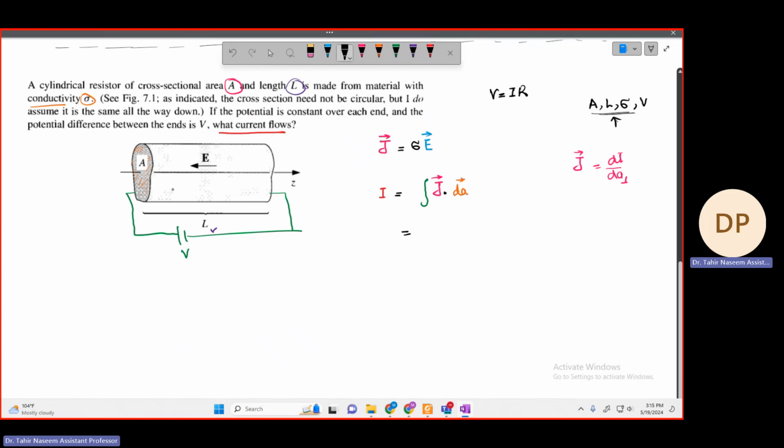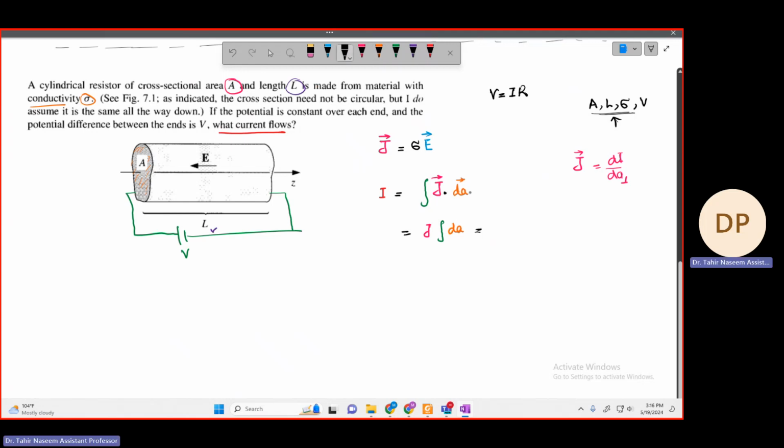uniform potential is applied, a constant current is flowing, so I can take J out, and then I do integration over the area, right?